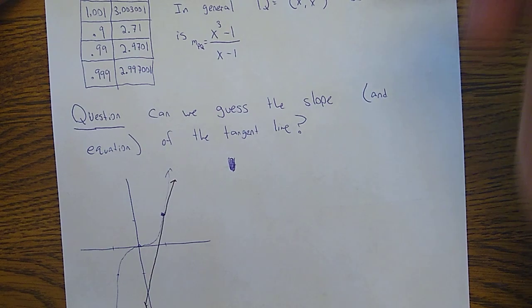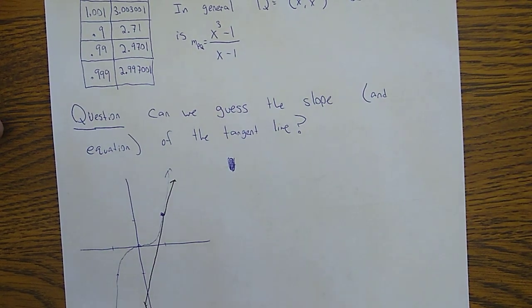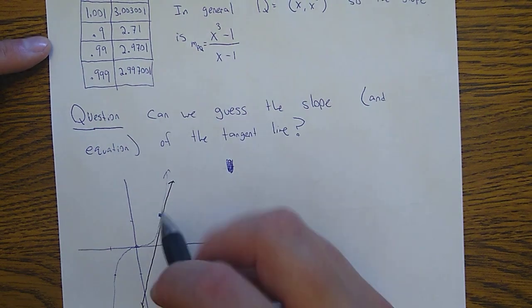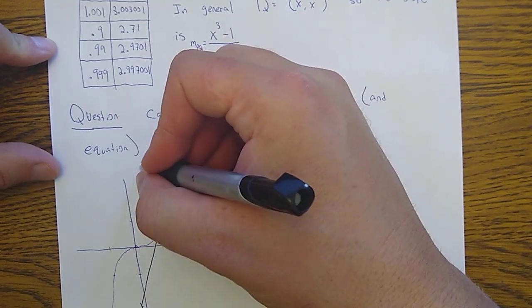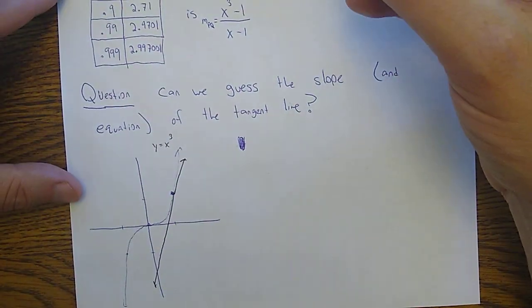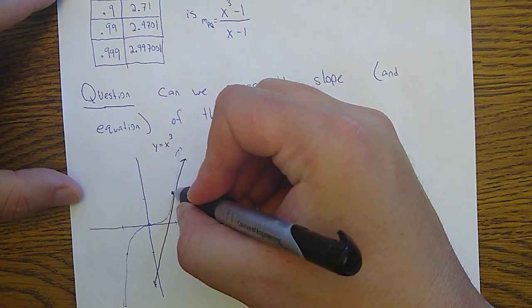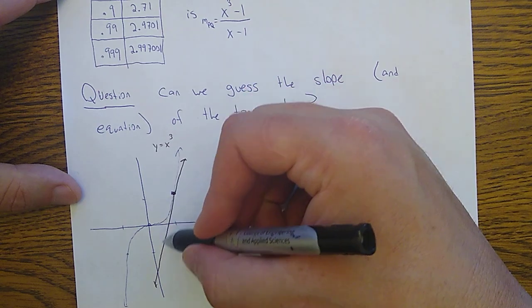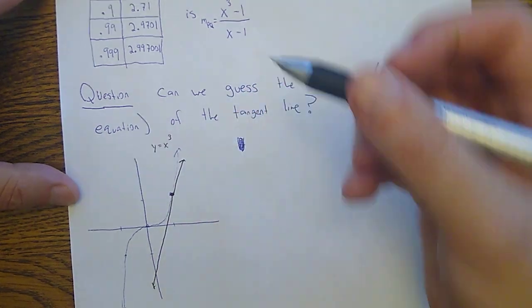Now, a secant line is a line that goes through 2 points on the graph. Here, by the way, is the graph of y equals x cubed. It's the same curve we were talking about up here. And here is the point (1, 1). I've drawn a sketch of the tangent line.